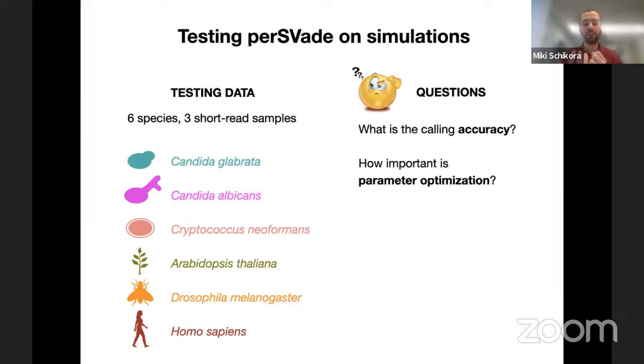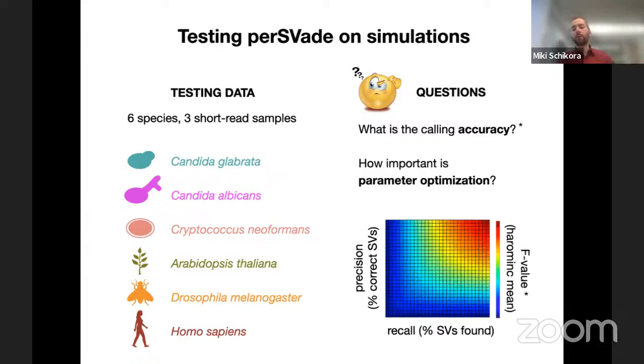What is the structural variant calling accuracy? And how relevant is this parameter optimization for each of the samples? Because maybe we can optimize for one and it's going to be enough, and we will always get a universal set of optimal parameters. That's what we tried to analyze. In terms of accuracy, we look at the F value, which is the harmonic mean between the precision and the recall, and can only be high if both are high, right?